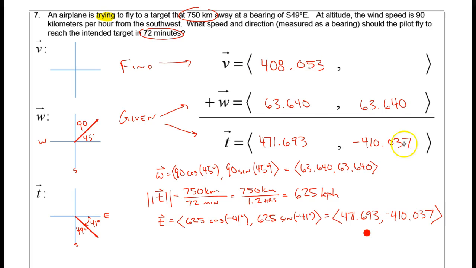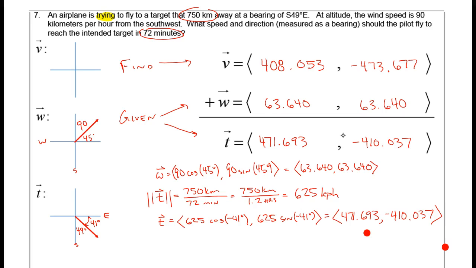We can do the same thing for the vertical component of v: negative 410.037 minus 63.640 gives me negative 473.677. So remember, this vector v is the velocity of our plane that the pilot needs to fly, so that after he adjusts for the wind, he actually reaches his intended target in the intended time.